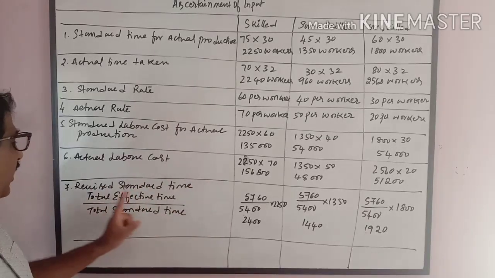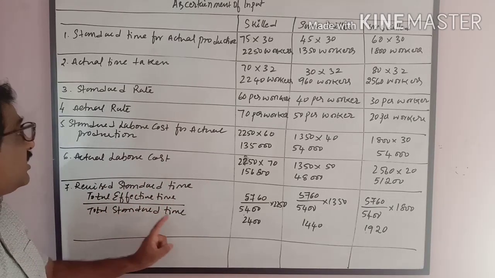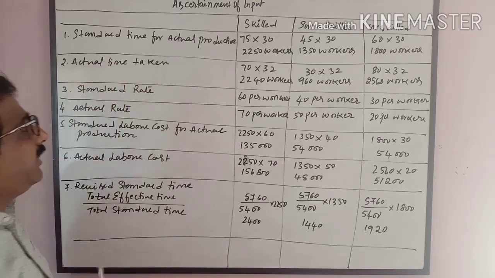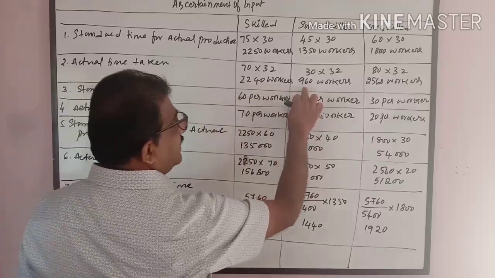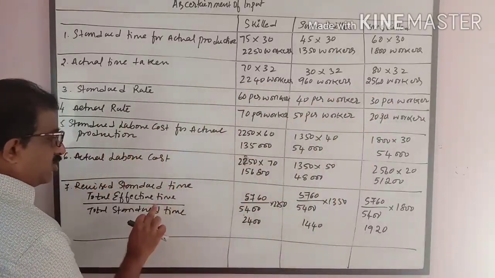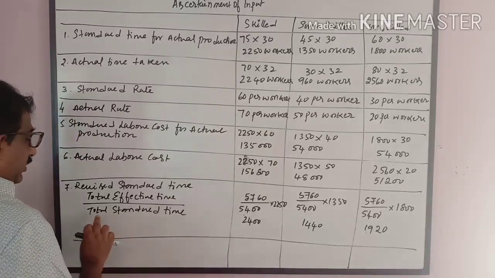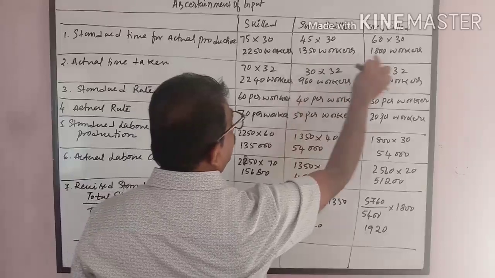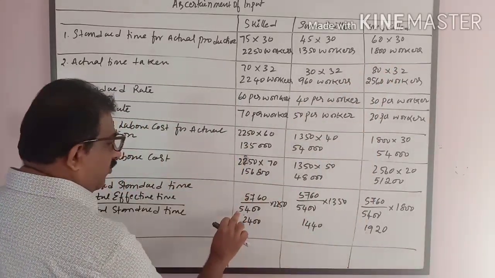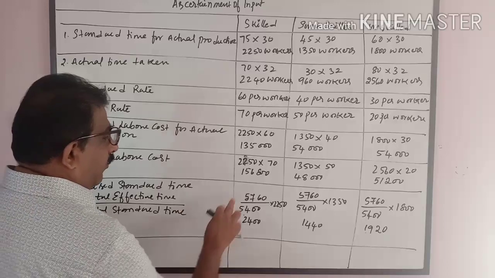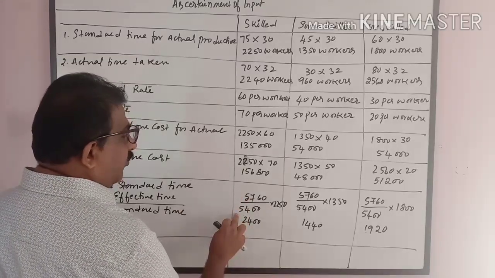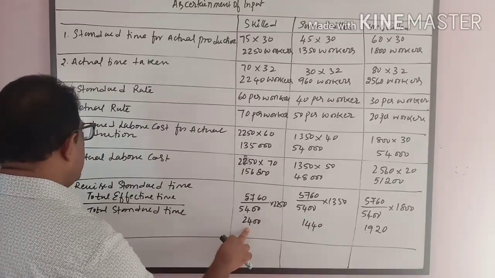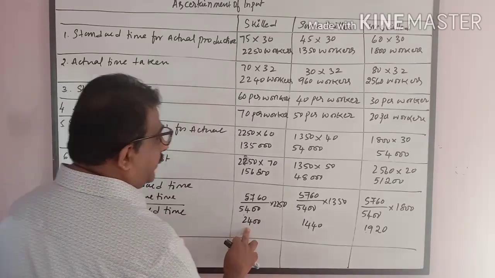Revised standard time is total actual time divided by total standard time into standard time. Total actual time is calculated from the actual time taken: 2240, 960, 2560, which comes to 5760. Total standard time, column 1 added: 2250, 1350, 1800, comes to 5400. Now 5760 divided by 5400 into 2250 results in 2400, which is called the revised standard time.